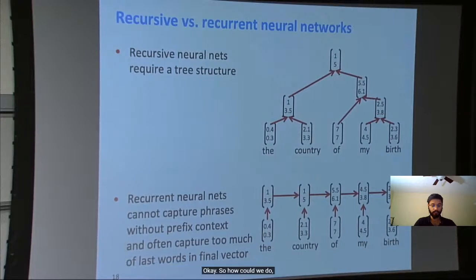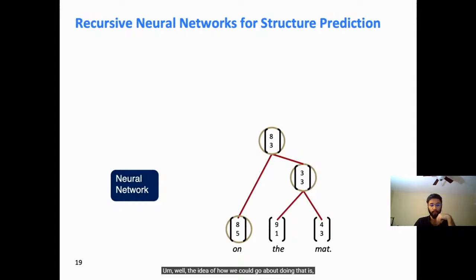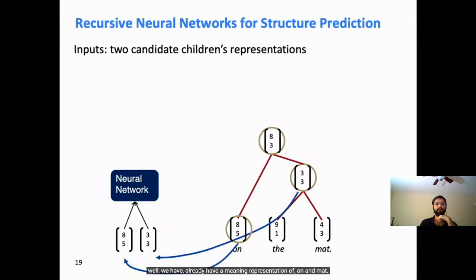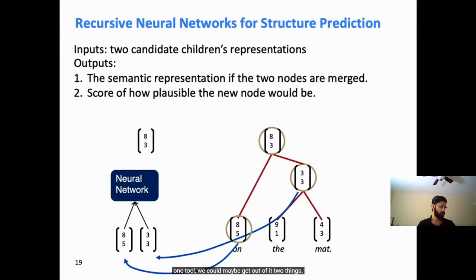Okay, so how could we go about doing that? Well, the idea is that if we work bottom up, at the very bottom we have word vectors, and we want to recursively compute the meaning of bigger constituents. So if we wanted to compute the meaning of on the mat, we already have a meaning representation of on and mat. So if we could feed those into a neural network, because that's one tool, we could maybe get out of it two things.